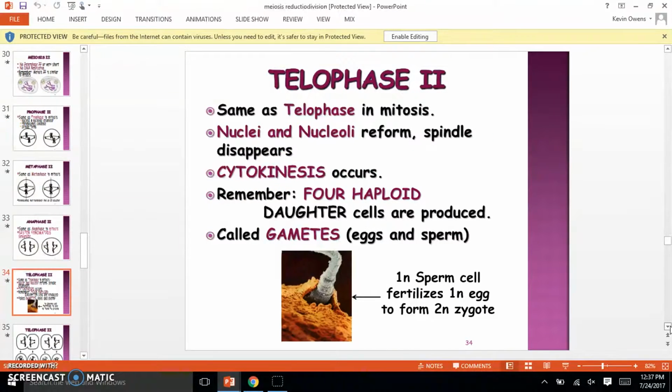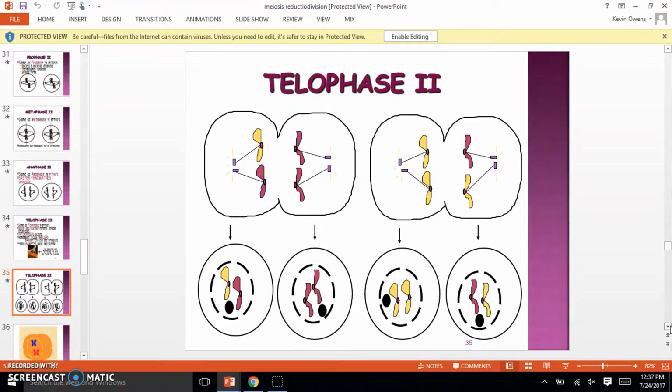And telophase 2 is the same as telophase. Nucleoli reform. Cytokinesis occurs, which is the division of the cytoplasm and all the cell's organelles. 4 haploid daughter cells are produced, and they are not identical by any means. They're called gametes, which are eggs or sperm. Telophase 2, there you'll see the 4 bodies that are actually being produced.